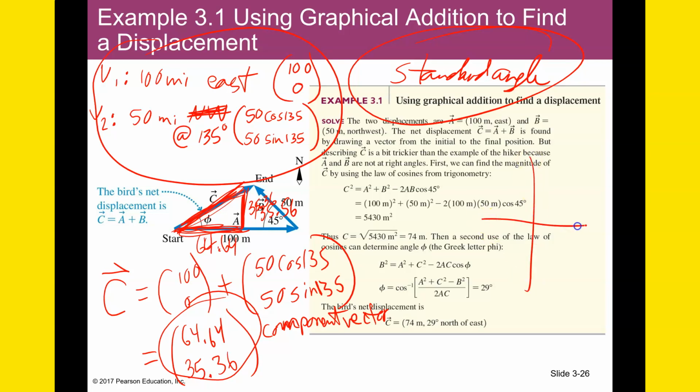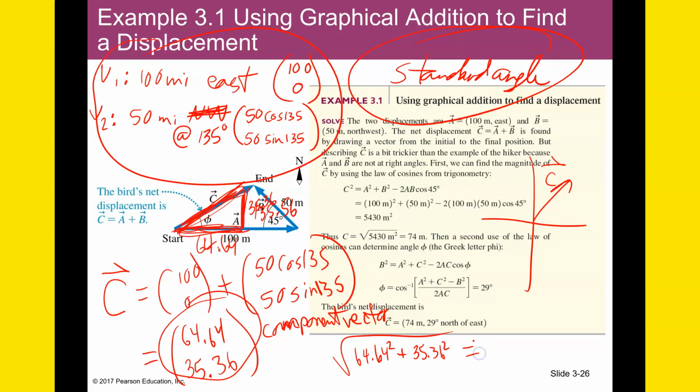If I express C with a magnitude and a direction angle, here's C. To get its magnitude, I Pythagorize the components. In other words, think of each one of these components as the legs of a right triangle of which you're trying to find the hypotenuse. So you just Pythagorize it by doing the square root of the horizontal component squared plus the vertical component squared.